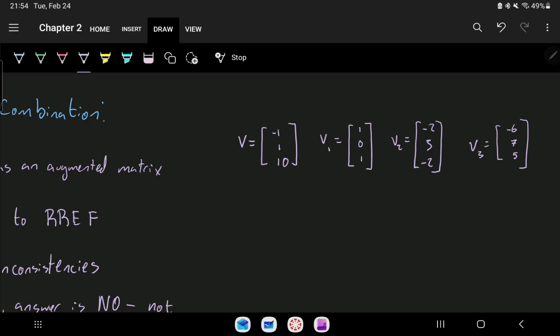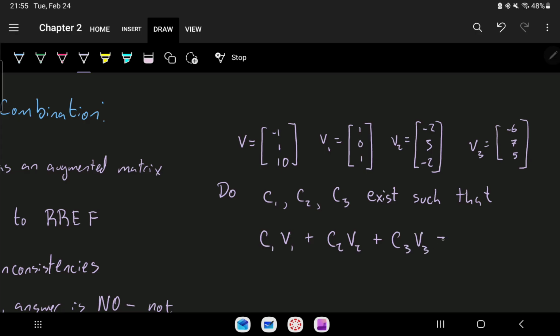Well, remembering what we just defined a combination as, basically what we want to answer here is, do scalars C1, C2, and C3 exist such that C1 times V1 plus C2 times V2 plus C3 times V3 equals V, right?